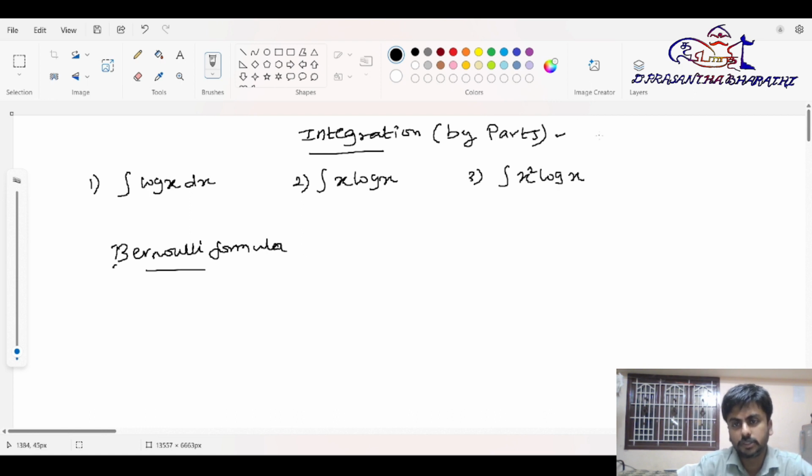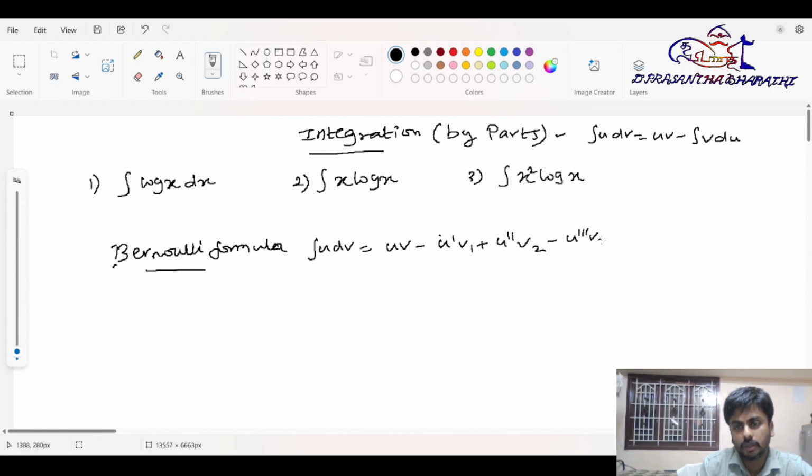Integration by parts simply says integral u dv equals uv minus integral v du, whereas Bernoulli's formula says integral u dv equals uv minus u dash v1 plus u double dash v2 minus u triple dash v3 plus, etc. You keep u as it is and integrate dv to find v.